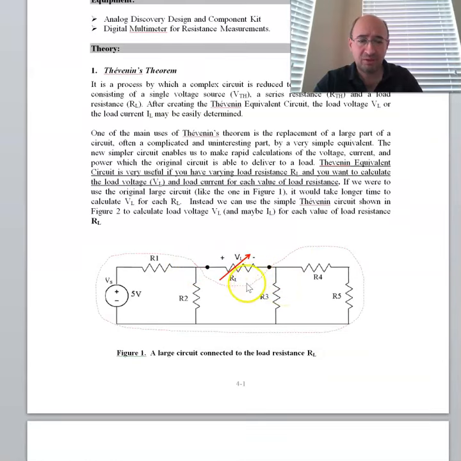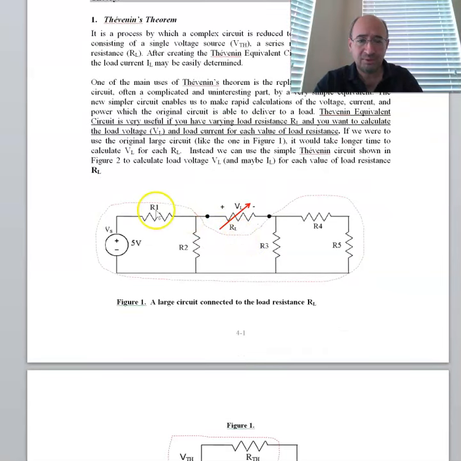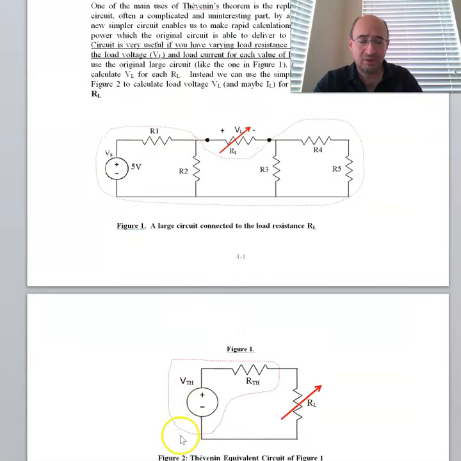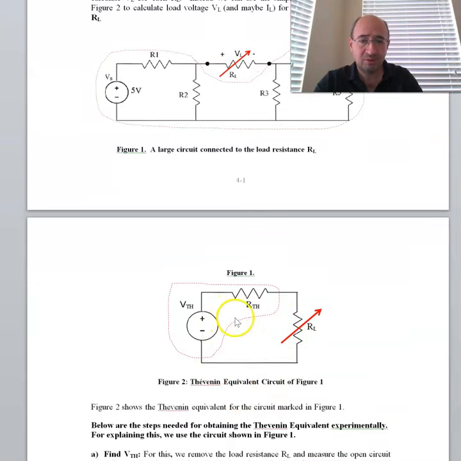But if you could rather have this circuit represented, so the circuit excludes the load, of course, with a very simple circuit, which is called the Thevenin equivalent, then your task would be so much easier. Just the voltage division formula can give you the voltage across the load, and the currents can be easily calculated. So this is going to be our task here.